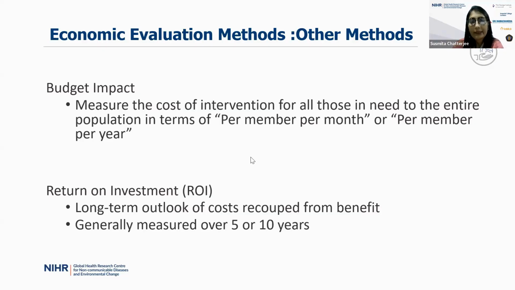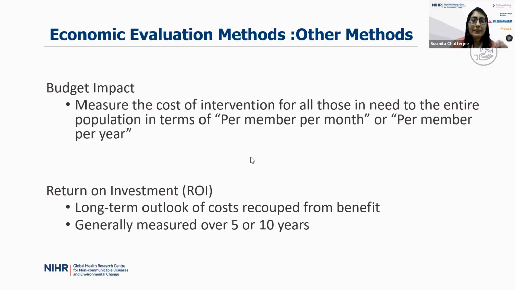Another thing is that return on investment generally takes a longer span, like 5 to 10 years. So for the 5 to 10 years, we say that if I keep on investing this much money, I'll get this much return. For the first year, 1 rupee investment gives me 5 rupees return. In the second year, 1 rupee investment gives me 10 rupees return, something like that.